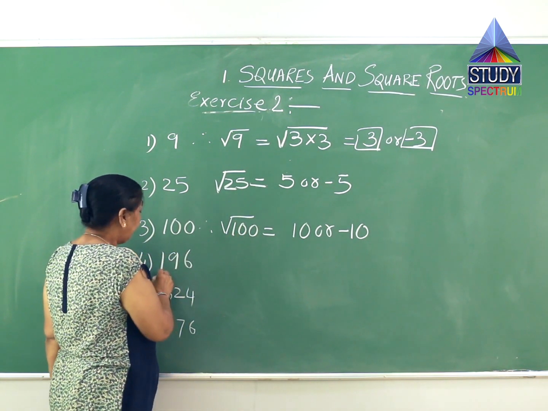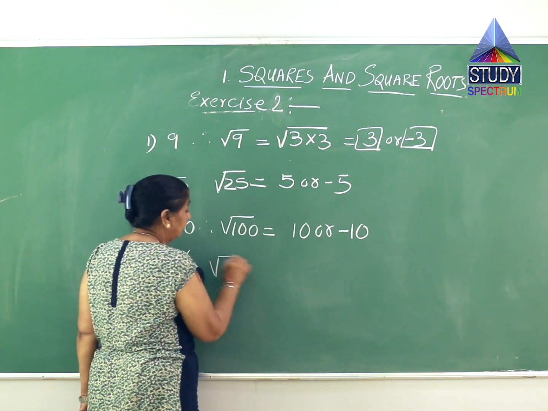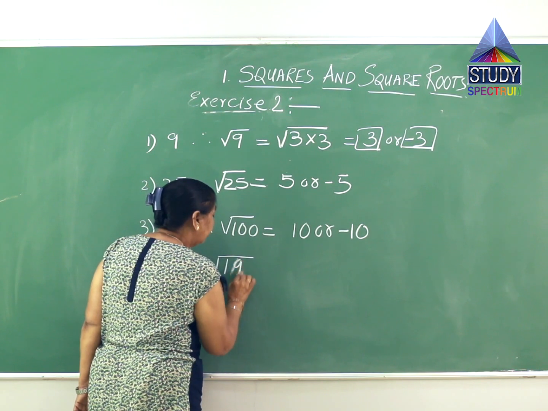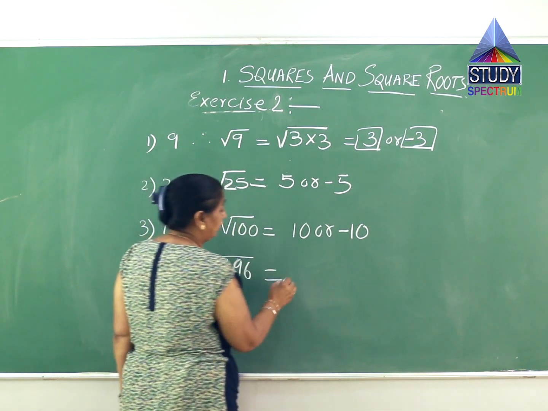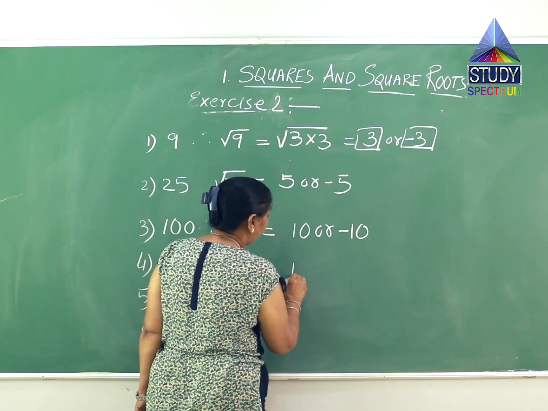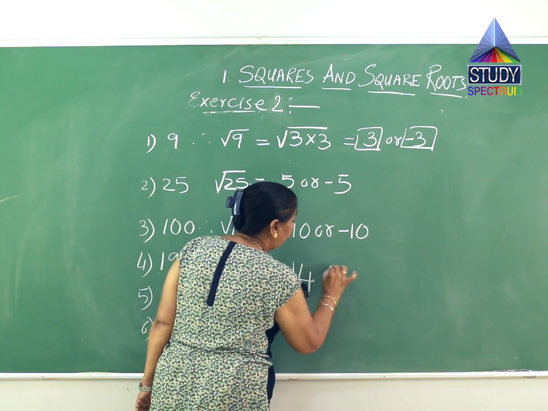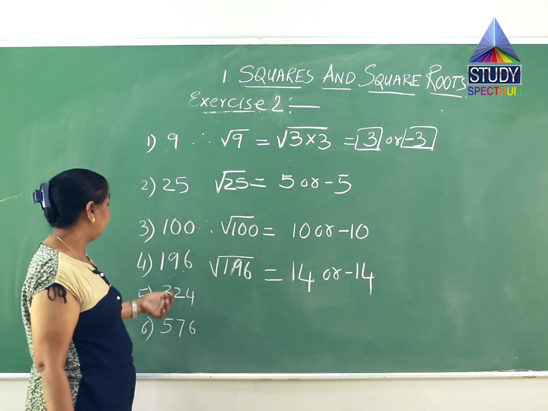Now 196, you have to see the root of 196. If you remember tables, it's very easy for you to find out. This is the root of 14 into 14. So positive 14 or negative 14 is the root of 196.